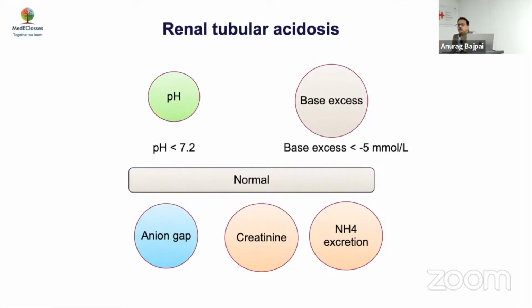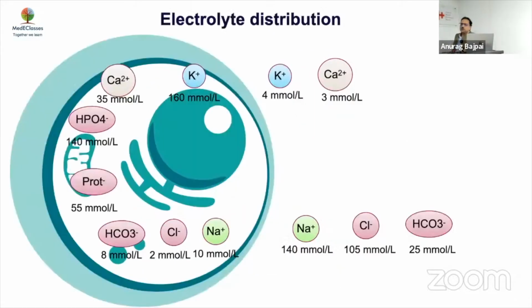On top of this, you need a hyperchloremic metabolic acidosis or normal anion gap, which we'll discuss, with abnormal ammonium excretion as reflected by a positive urinary net charge, which we'll discuss, and a creatinine which is normal.